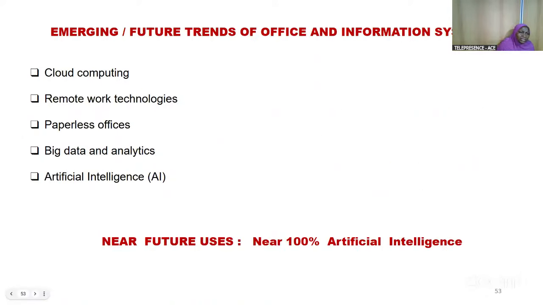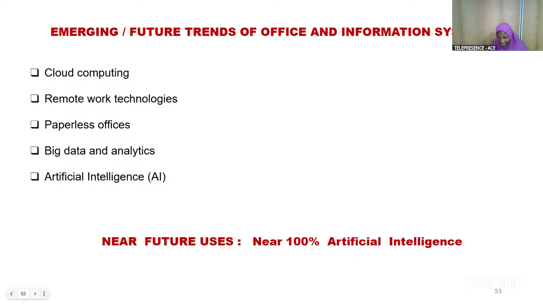You can see I've mentioned cloud computing here as emerging and future trends. I mentioned remote work technologies, paperless offices, big data analytics, and artificial intelligence. And I said the near future use is near 100% AI. We are yet to reach near 100% AI.